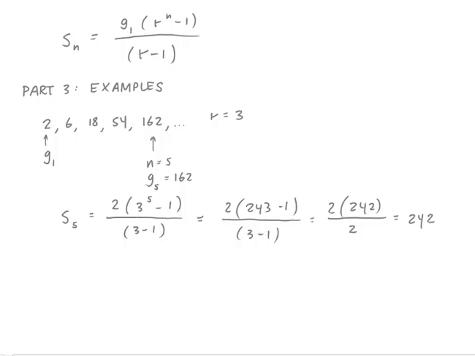Okay, let's try another. Let's take the number 5. Start with the number 5, and then we're going to go 5, 10, 20, 40, and so on. And let's say that we're going to go through 10 terms, so n equals 10.